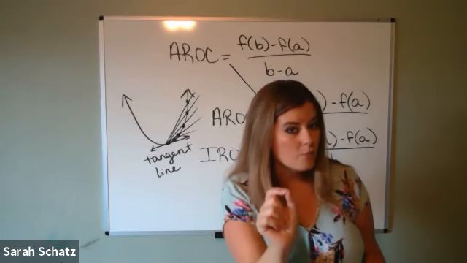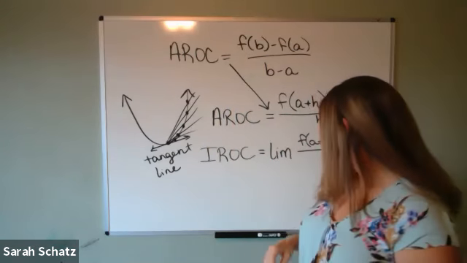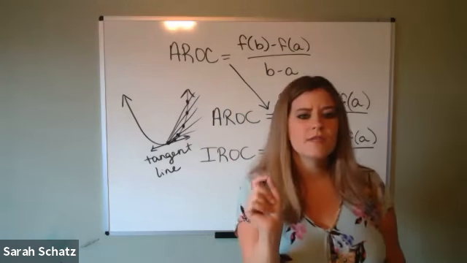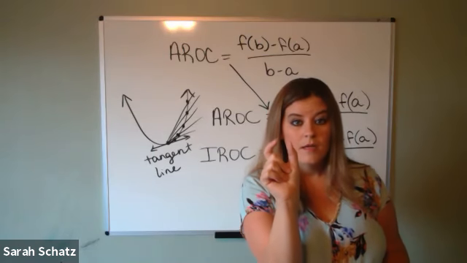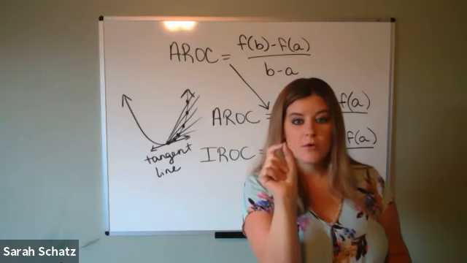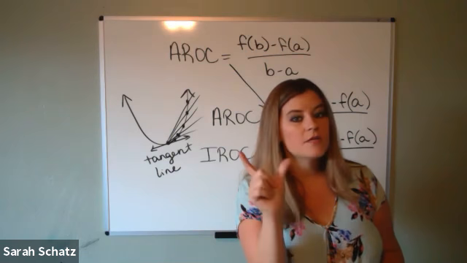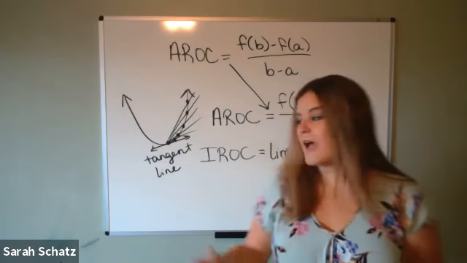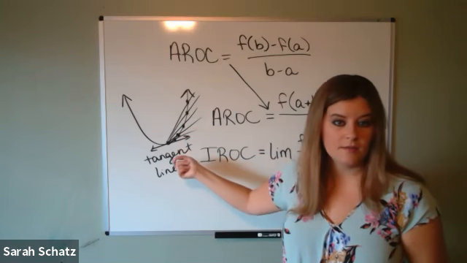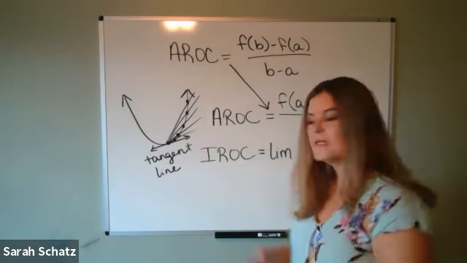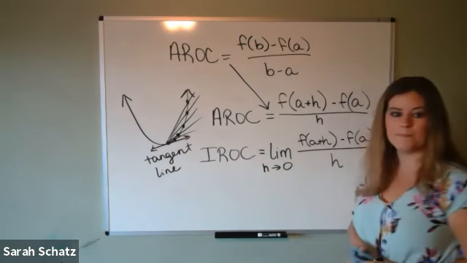I can't call them 1 because remember that put a 0 on the bottom, it was a problem. So as A and B get infinitely close together, h, the distance between them, gets really small. It looks like I want h to approach something very small. Even more than that, I want it to approach 0 as the distance between these 2 points comes to nothing is what I want to find. So my limit is going to be as h approaches 0.